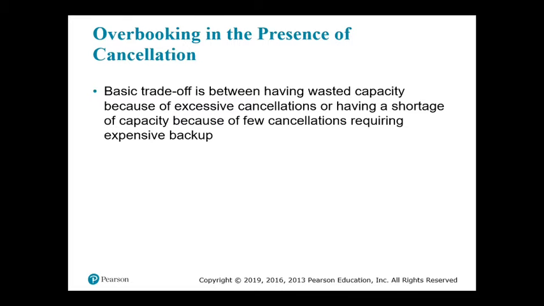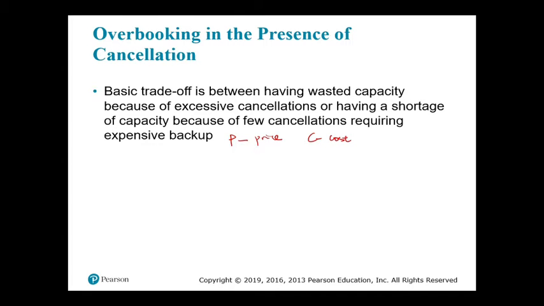So, okay. Let's say P is the price for each unit of the asset, and C is the unit cost of either producing or ordering or using 1 unit of the asset.